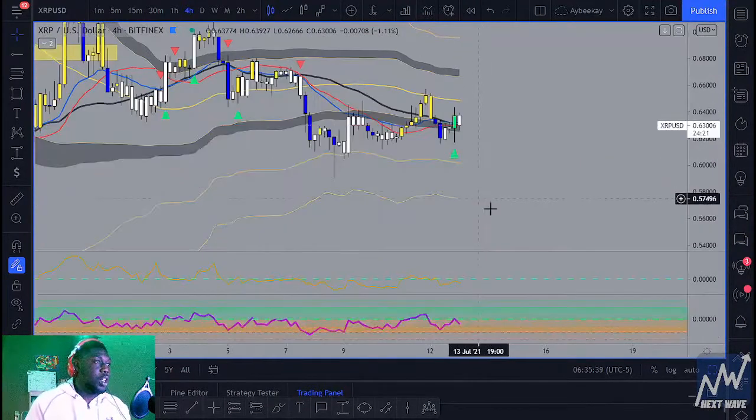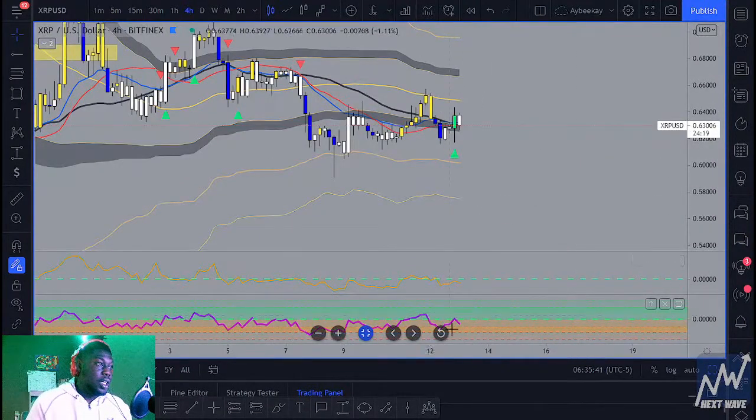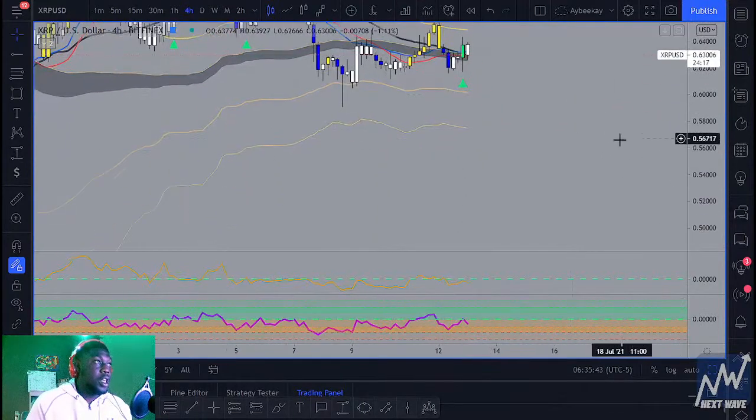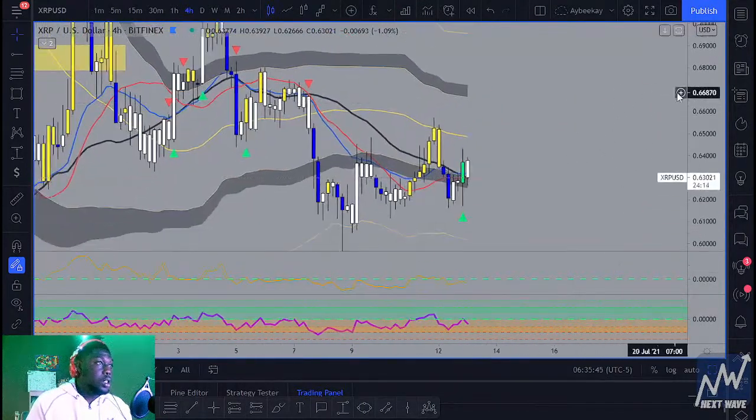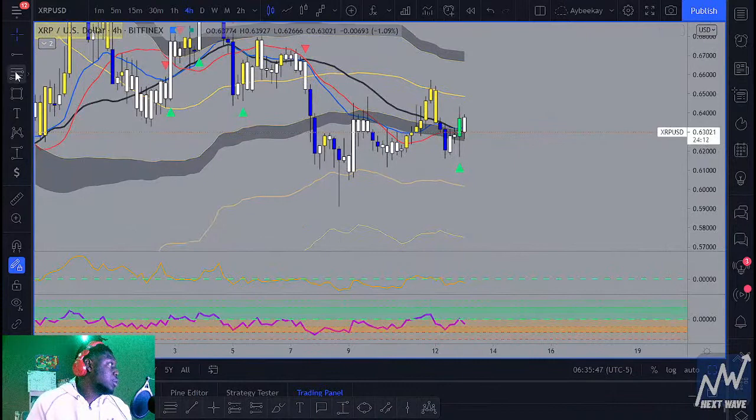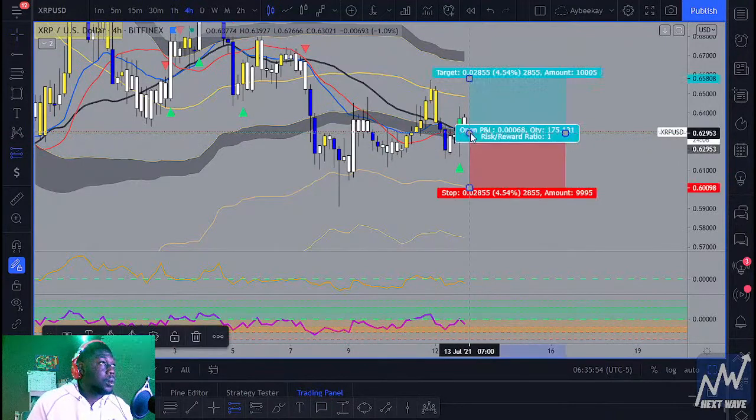But let me go see what these are looking like. Still not confirmed 100%. If you want, this is actually not terrible. This is my kind of thing for arbitrage. This is my kind of trade setup.